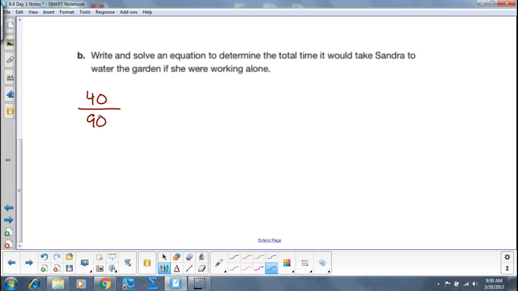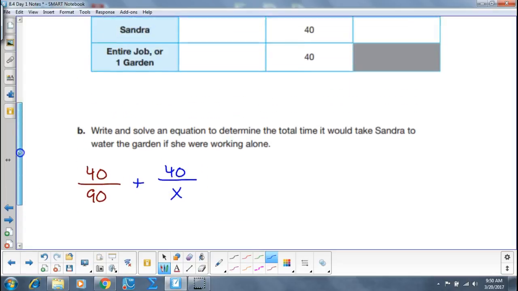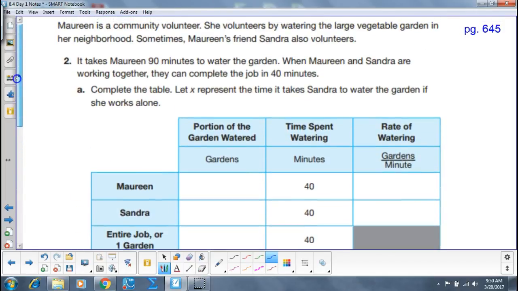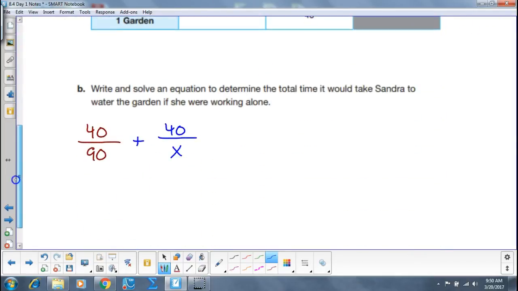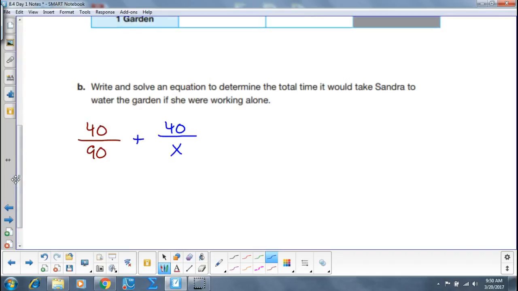And then plus 40 minutes working together, and we don't know how long it takes Sandra. Maureen, it takes 90. It's going to take Sandra x amount of time to do it, right? And we know that they are getting one job done.